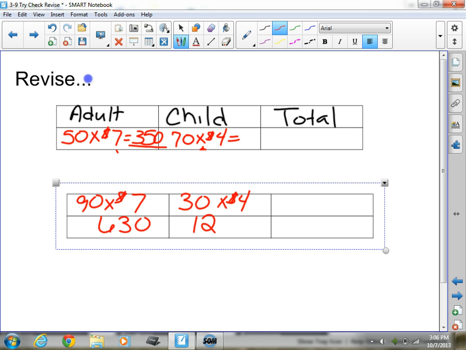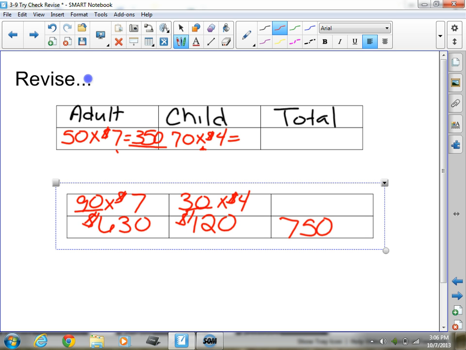So that would be $120. Because remember, we're trying to get to $720 and we have 120 tickets sold. 90 plus 30 is 120. We're still working with 120. Add the dollar amounts together. That leaves us with $750. Oh, what are we trying to get to? We're trying to get to 720. So 750 tells me it's too much.